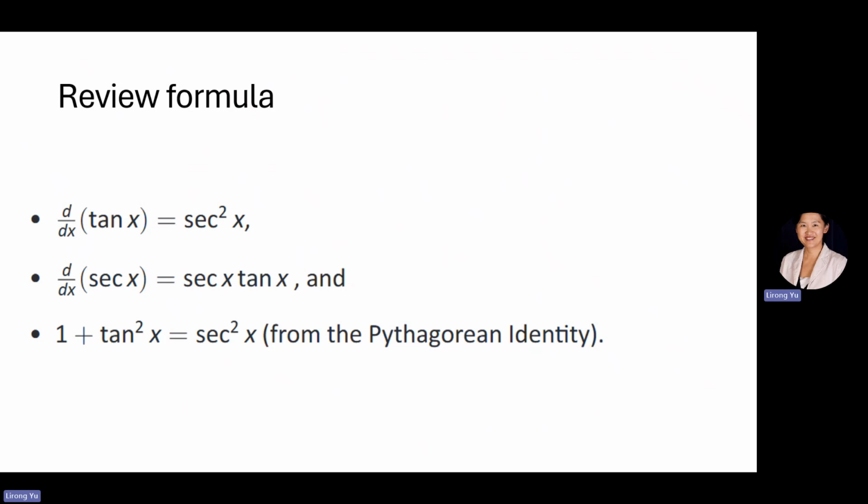Strategy 1 is the first equation, strategy 2 is the second equation. Lastly, this is called the Pythagorean identity for tangent and secant: 1 plus tangent square equal to secant square. That allows us to convert tangent to secant or from secant to tangent. These three are really useful when we're doing the calculations.